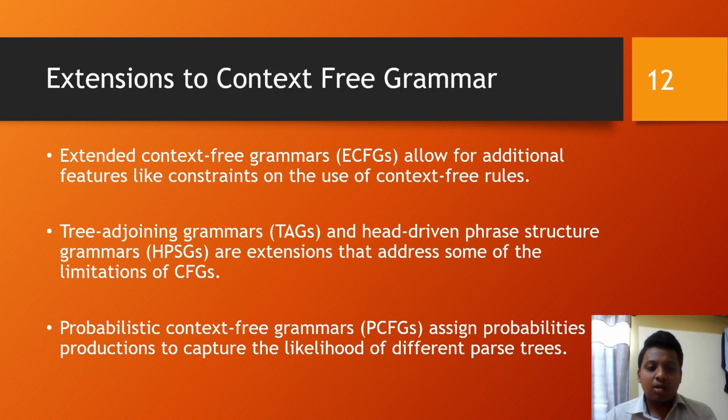Tree adjoining grammar (TAG) and dependency grammar are extensions that address some of the limitations of context-free grammar. Probabilistic context-free grammars (PCFGs) assign probabilities to productions to predict the likelihood of different parse trees.